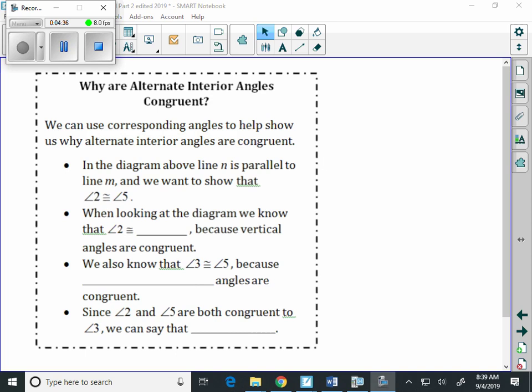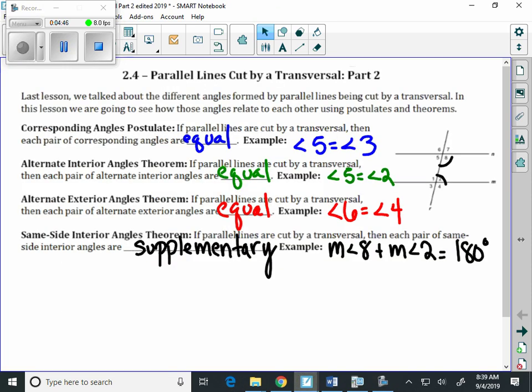So I'm going to flip back here, but in the diagram above, line N is parallel to line M, and we want to show that angle 2 is congruent to angle 5. So I'll erase the black marks here, and what we want to show is angle 2 is congruent to angle 5.